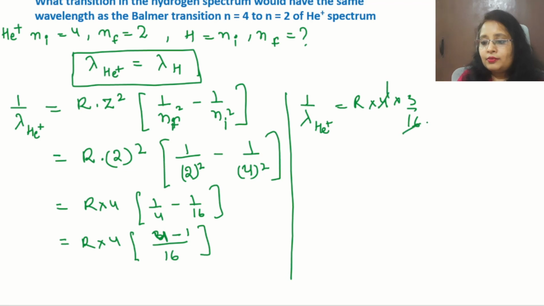Now cancel it, 4 into 4 is 16. We'll get the value 1 upon lambda He+ is equal to 3 by 4 R.